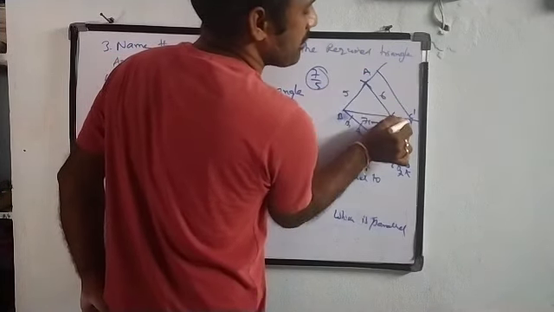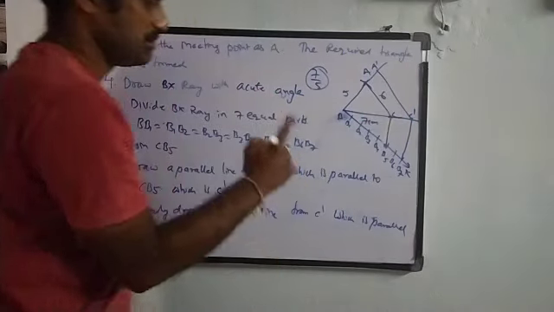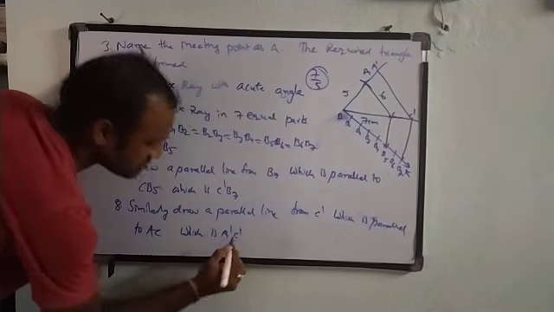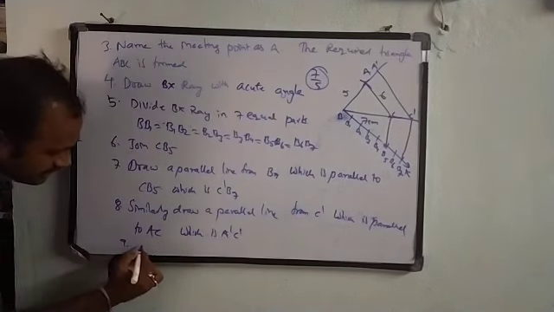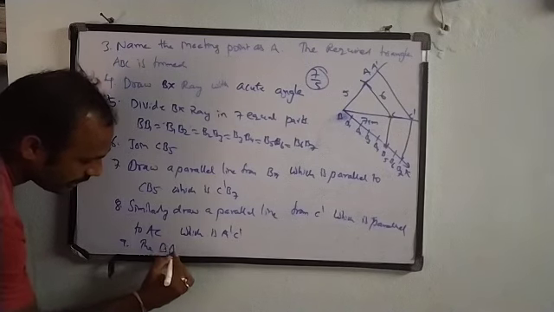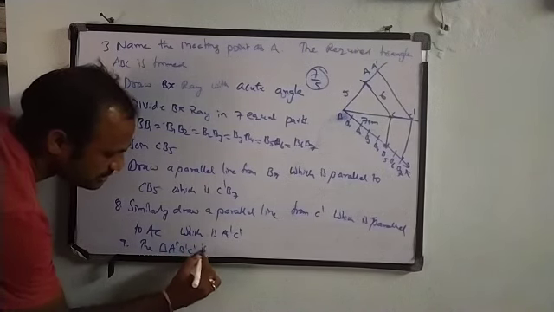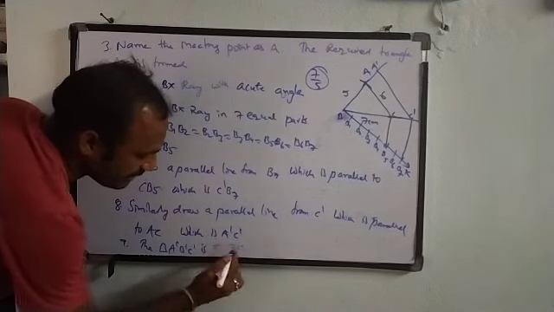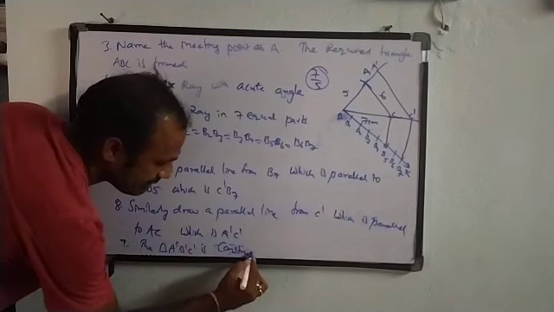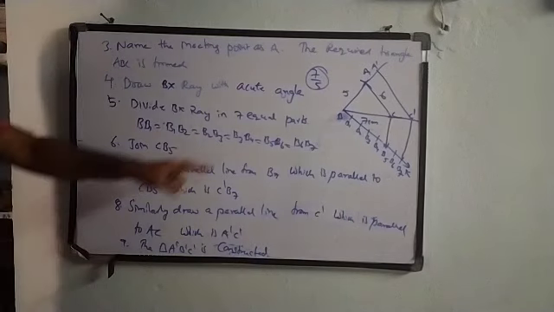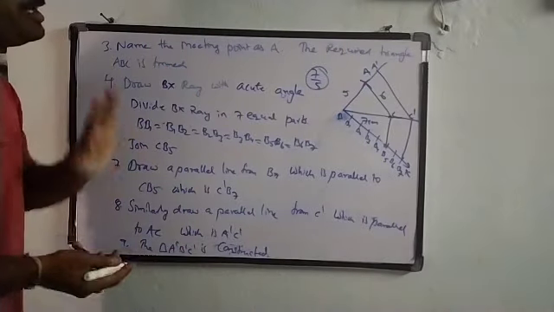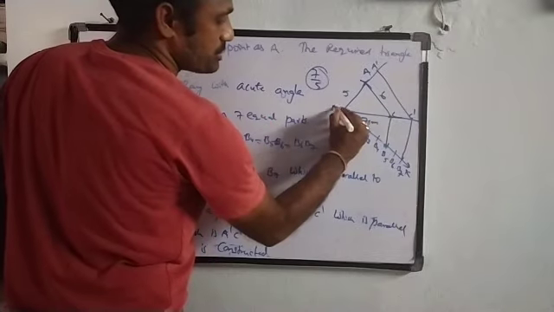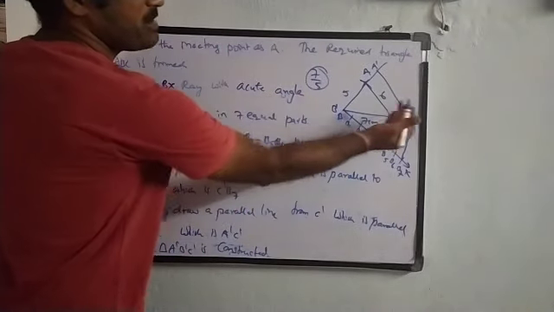So this is the parallel line A dash C dash. The ninth point is that the triangle A dash B dash C dash is constructed. The required triangle A dash B dash C dash is constructed. We need to remember two things: whenever it is an improper fraction, A dash B dash C dash will come outside of the triangle, and whenever it is a proper fraction, it will come inside of the triangle.